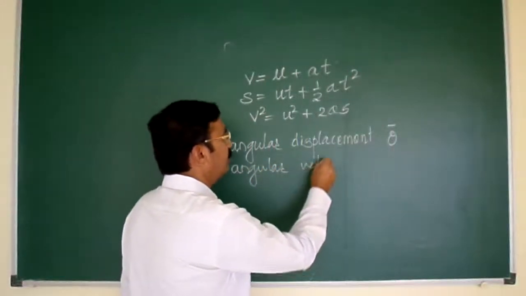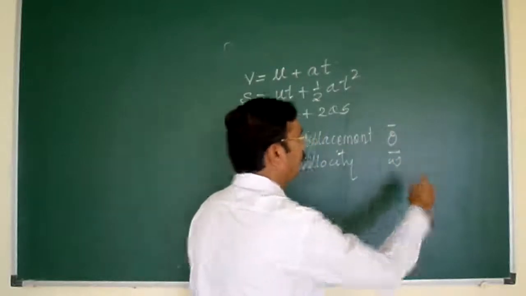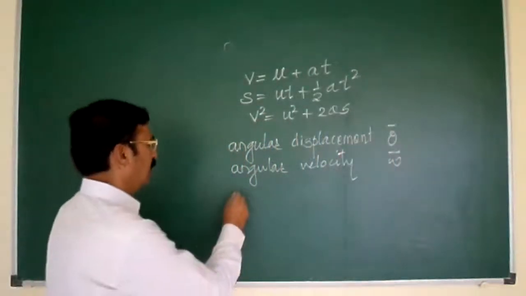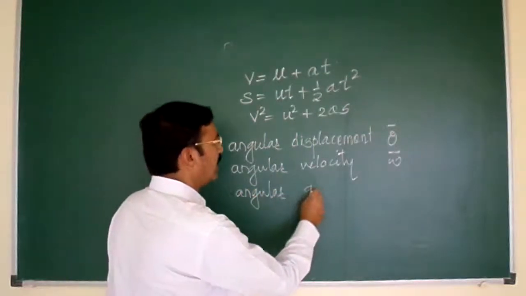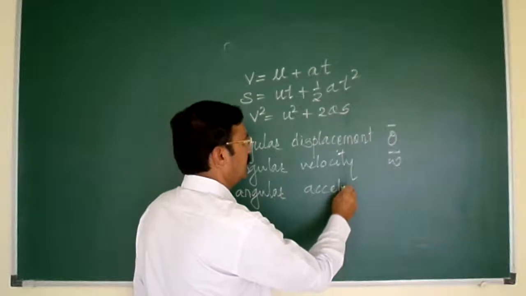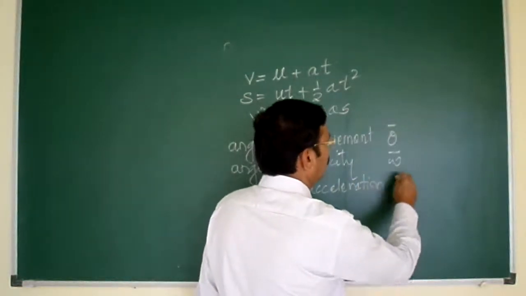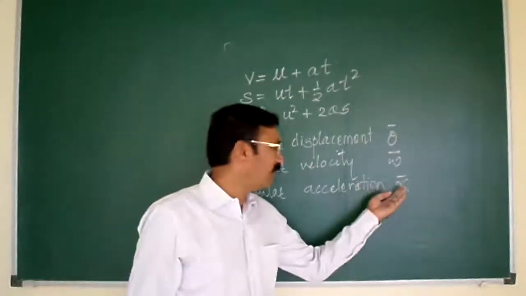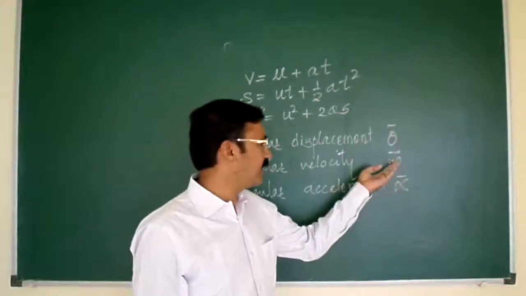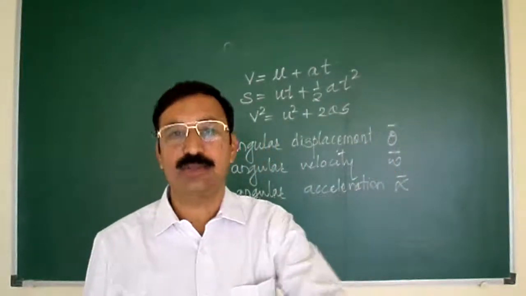Angular velocity, denoted by omega bar. Angular acceleration, given by alpha bar. So alpha is angular acceleration, omega is angular velocity, and theta is angular displacement.